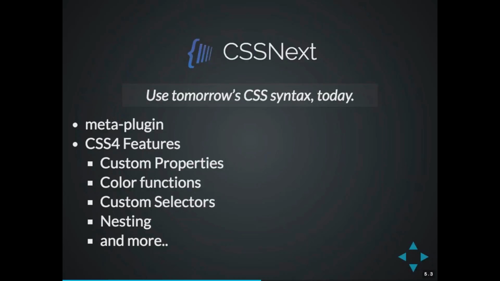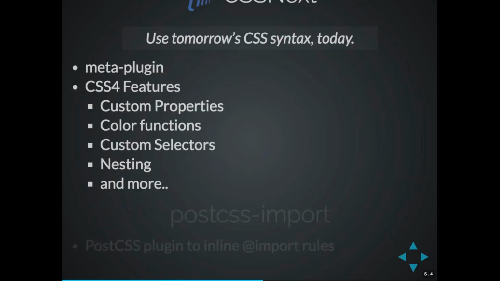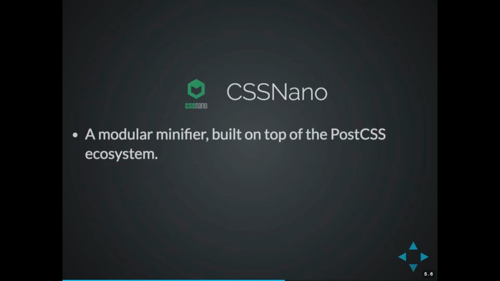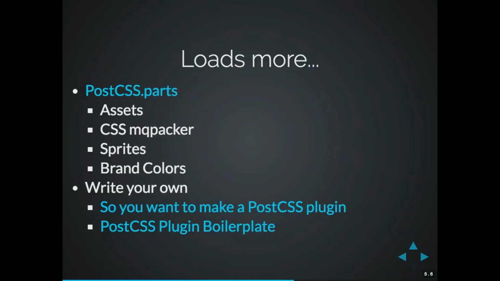It's different from Sass because these are eventually going to end up in CSS, whereas Sass is never going to be in CSS, it's always going to be in your build tool. Custom properties is basically variables, I'll show that in a second. Then you can use import to inline your imports just like you would in Sass. You can minify them. There's lots of other plugins available, but I've just picked out a handful.